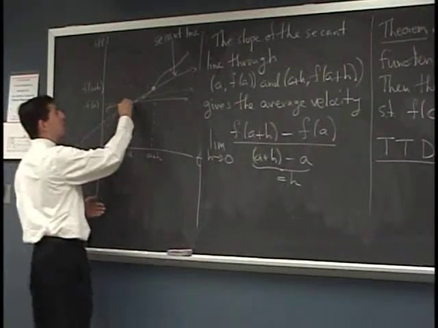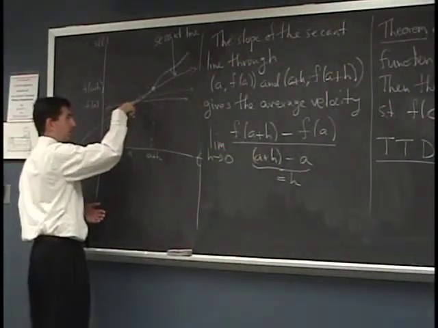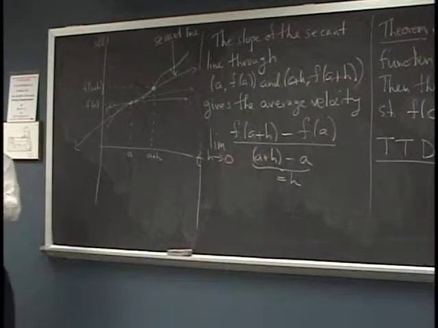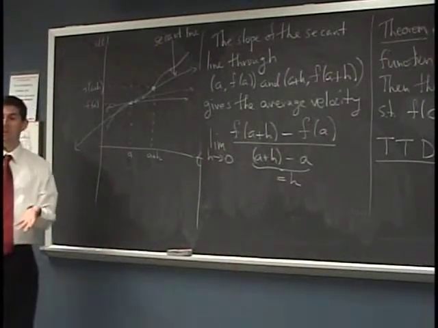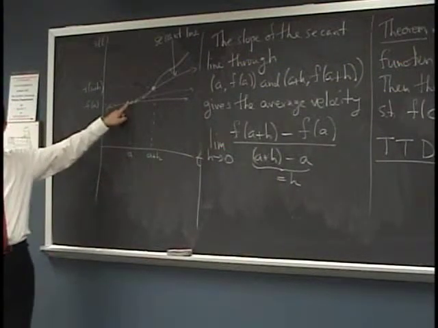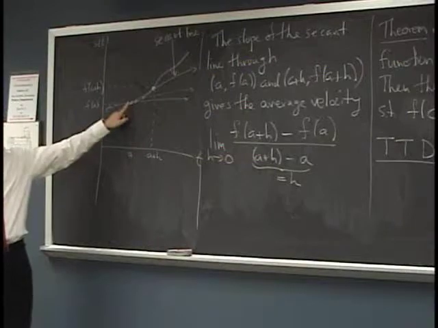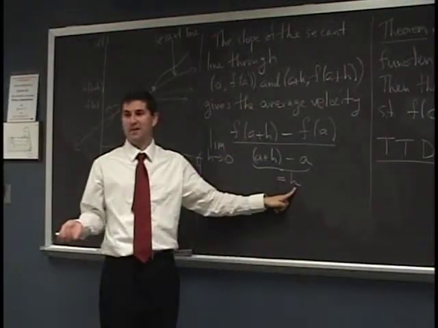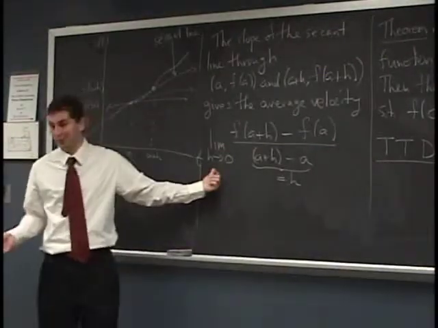And that's what would happen if you put the second point right on top of the first point. Of course, we're not allowed to do that. Why not? Well, you can't divide by 0. Why does that make the limit so good?